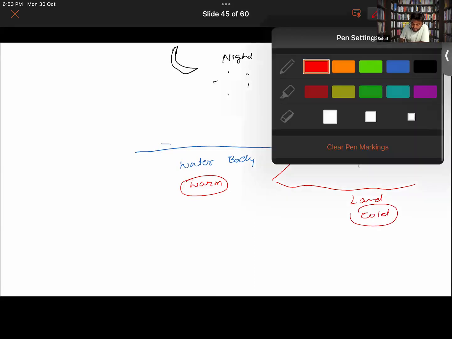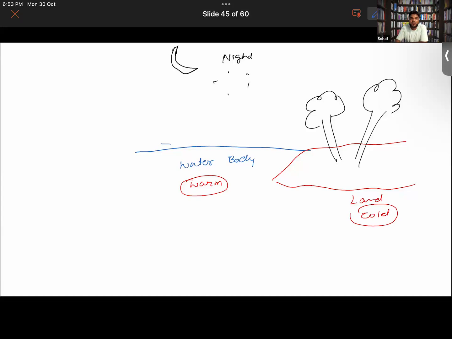So the air above the land is now colder here. Now, the air molecules above the water body are warmer, so they will start to rise up now. Warm air rises up because it has less density, right? So warm air rises up.